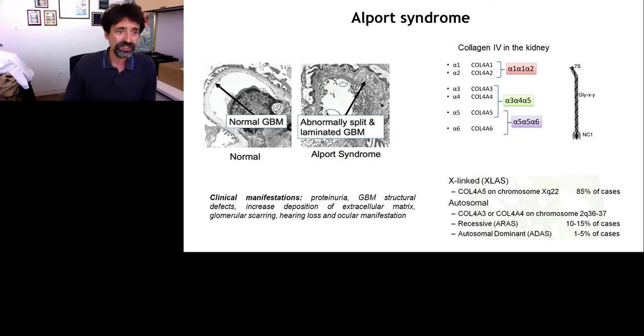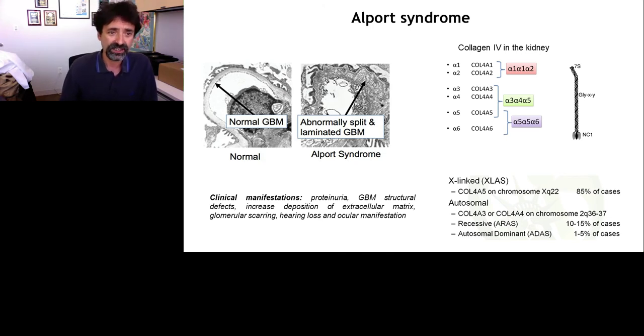So this condition is characterized by abnormalities in the glomerular basement membrane and manifests clinically by the presence of proteinuria or protein loss in the urine, and the presence of glomerular scarring and hearing loss and ocular manifestation, because the same collagens that are present in the GBM that are abnormal in this disease are present also in the ear and in the eye.